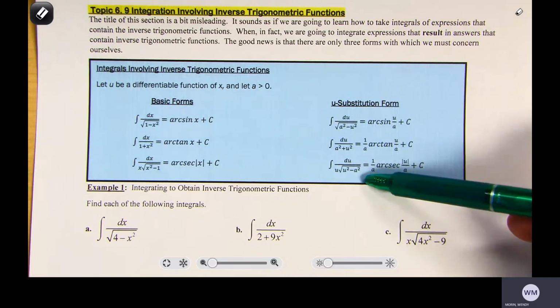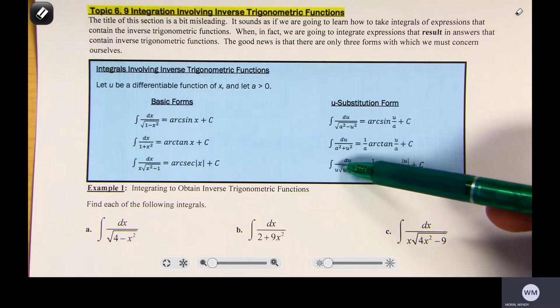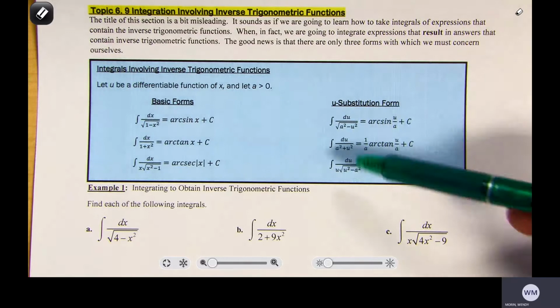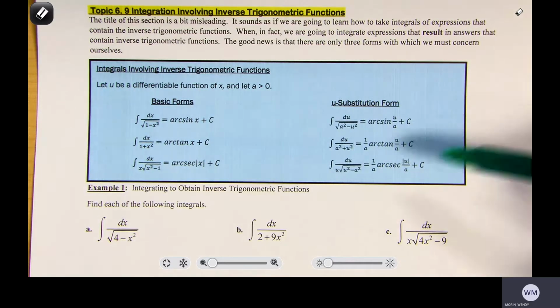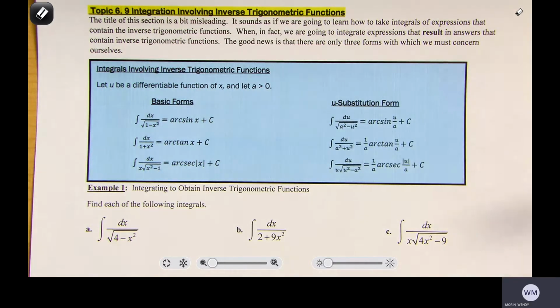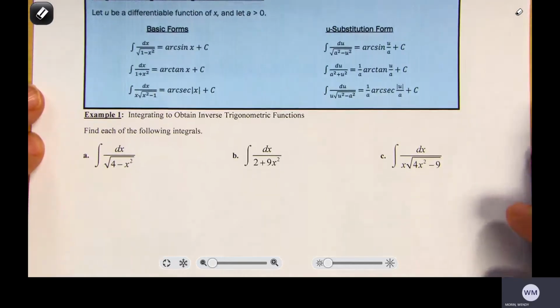And then this one, when you have a function squared minus a number with a function out in front, that's your arcsecant. So we're going to be practicing these, and the more we do them, the more you'll recognize them. So basically, memorize.